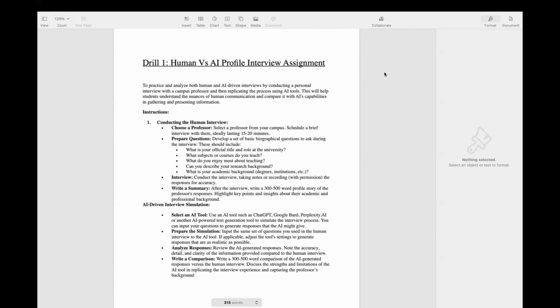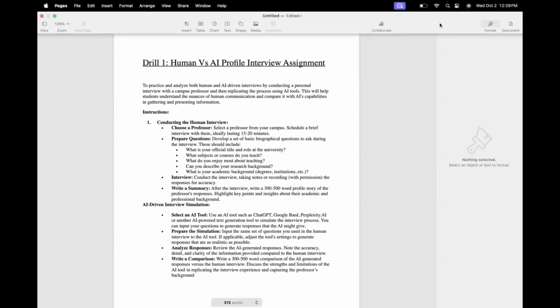But I'll take you all back to the beginning of the semester, drill 1, and getting students comfortable with using AI, right? This particular assignment is a typical profile interview you would do for a journalism student or mass comm student. Students were tasked with finding staff or faculty, maybe a favorite professor they had, and doing a regular Q&A interview with them.